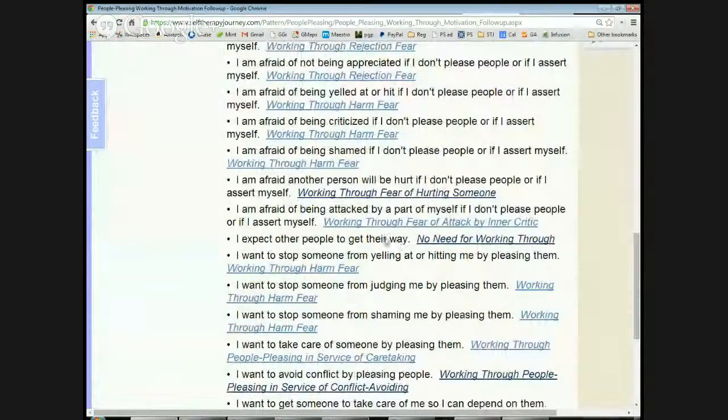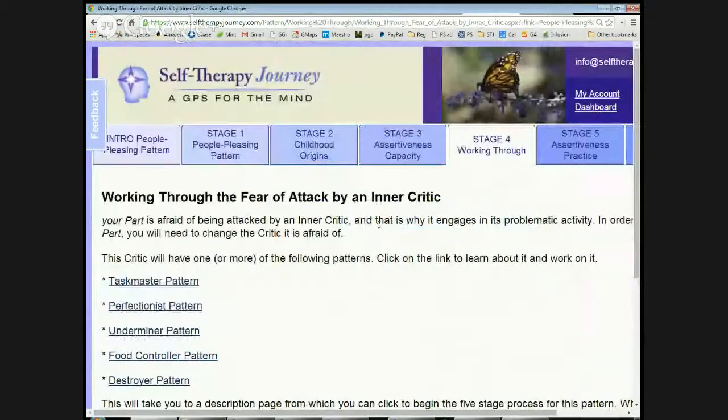Now here's a different one. Working with: I'm afraid of being attacked by a part of myself if I don't please people, if I assert myself. So this is the fear of being attacked by an inner critic part of you. In this case, you're probably going to want to actually work on the inner critic part that might attack you.